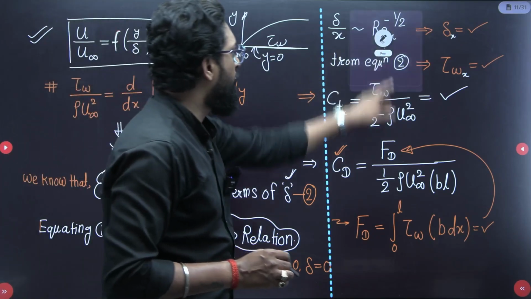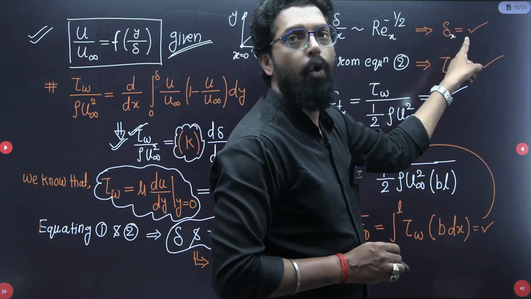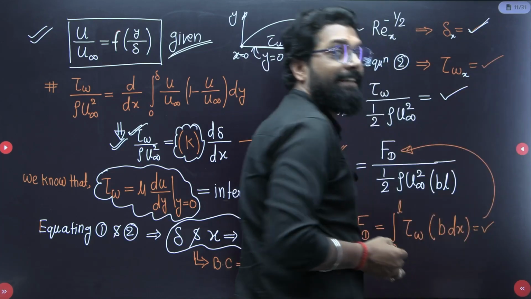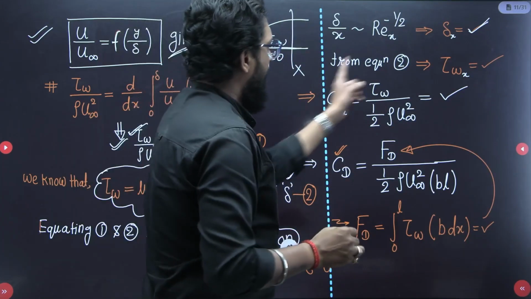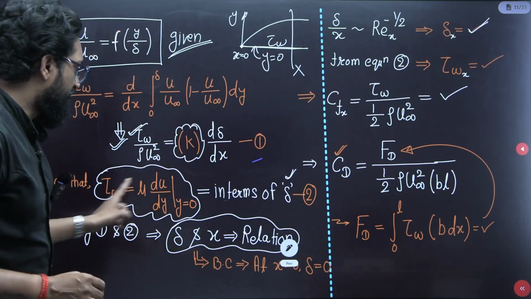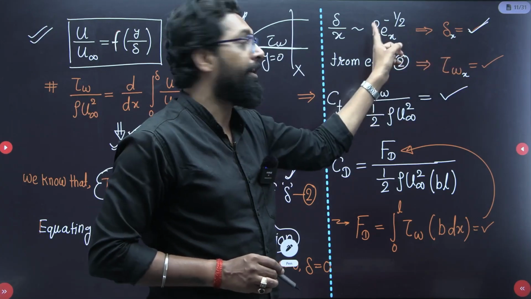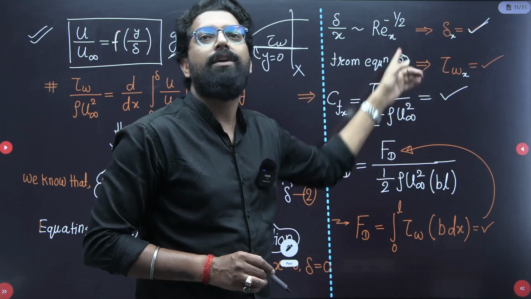Now once you have x and delta, you can find the delta at any local x. Once you find the boundary layer thickness at any cross section x, then in the second equation, put this delta value. You have to get this delta in the form of Reynolds number, very important. All the parameters you have to derive in the form of Reynolds number.